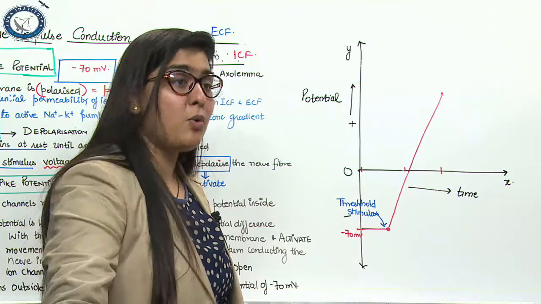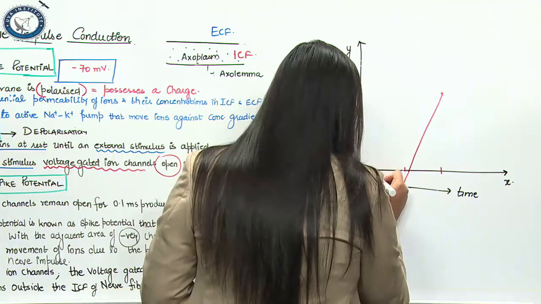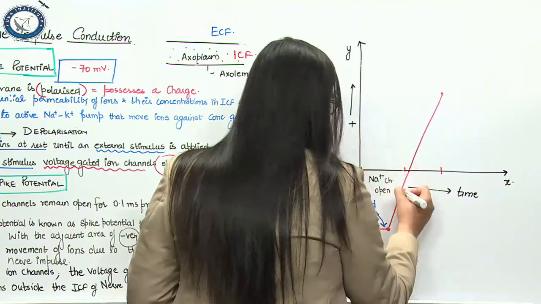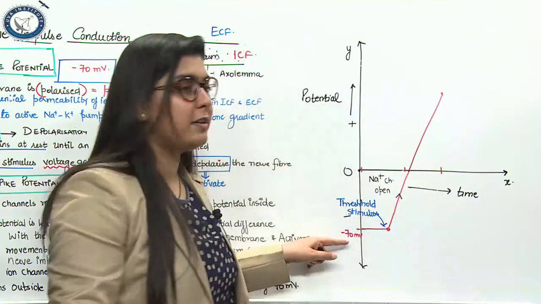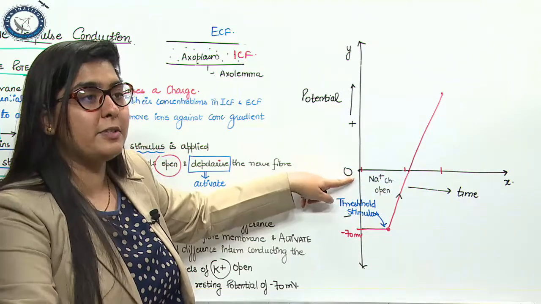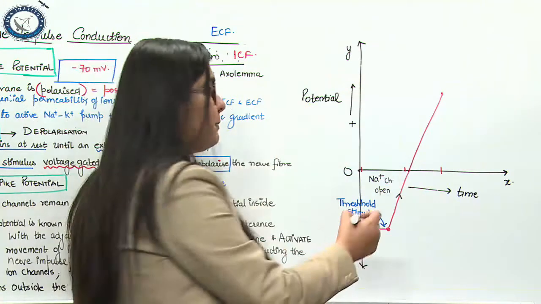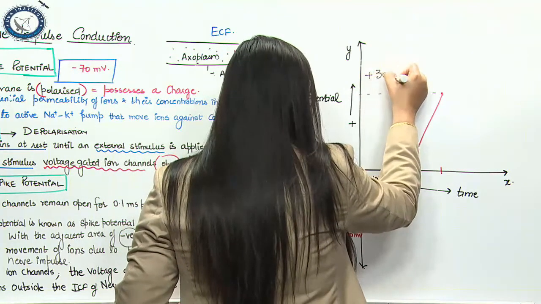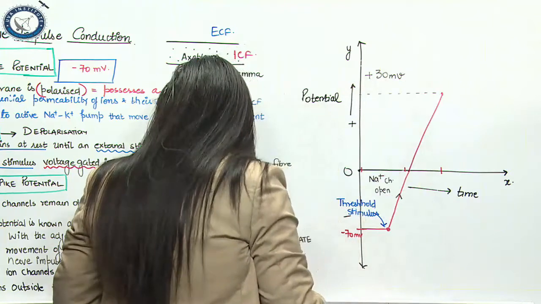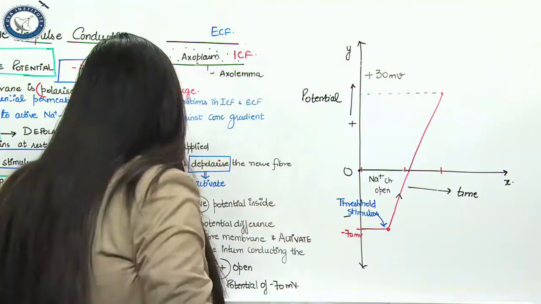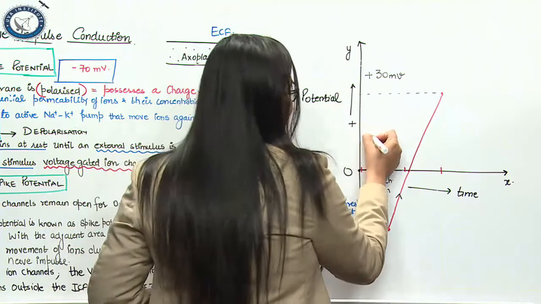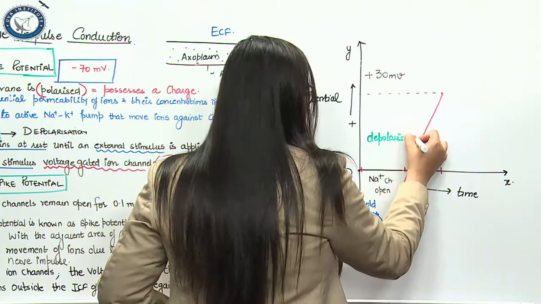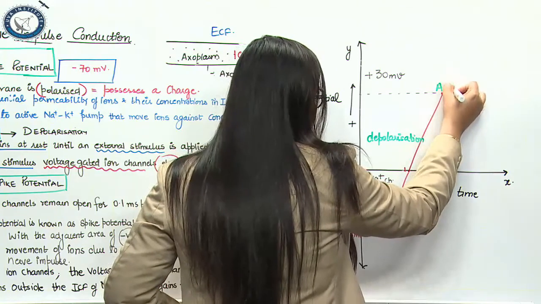So because of the opening of the sodium gated ion channels, there is a change in the potential of the nerve membrane from minus 70 to 0 and from 0 to a highest positive potential, say about plus 30 millivolt. This change in the potential is known as depolarization, and attainment of the maximum potential. The maximum potential is known as the spike potential or the action potential.